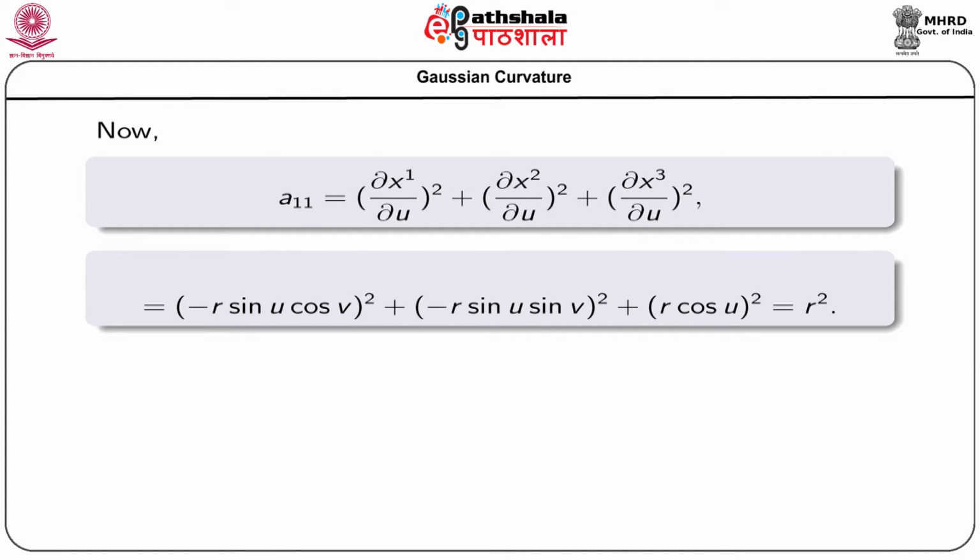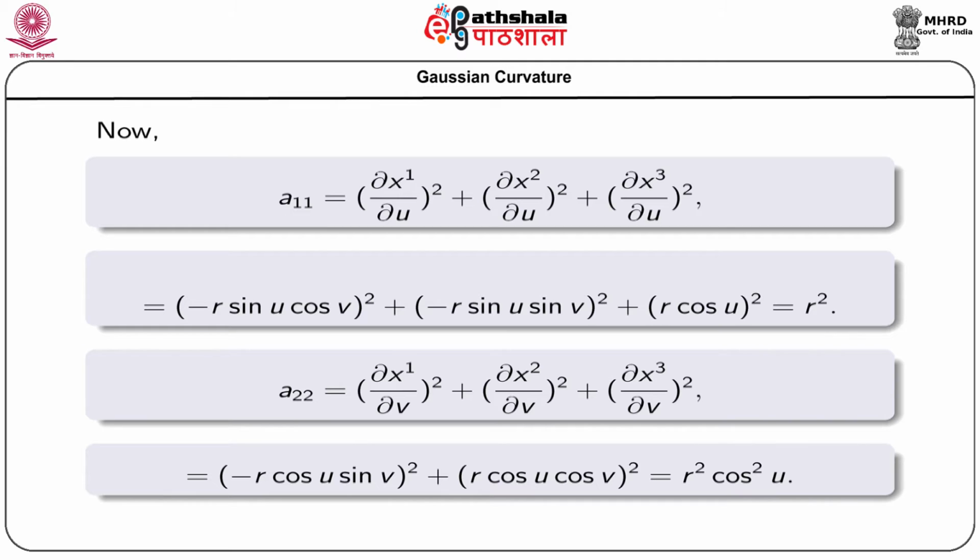Now, we find the A11. The value of A11, if we calculate by this expression, is equal to r square. A22 is coming to r square cos square u.